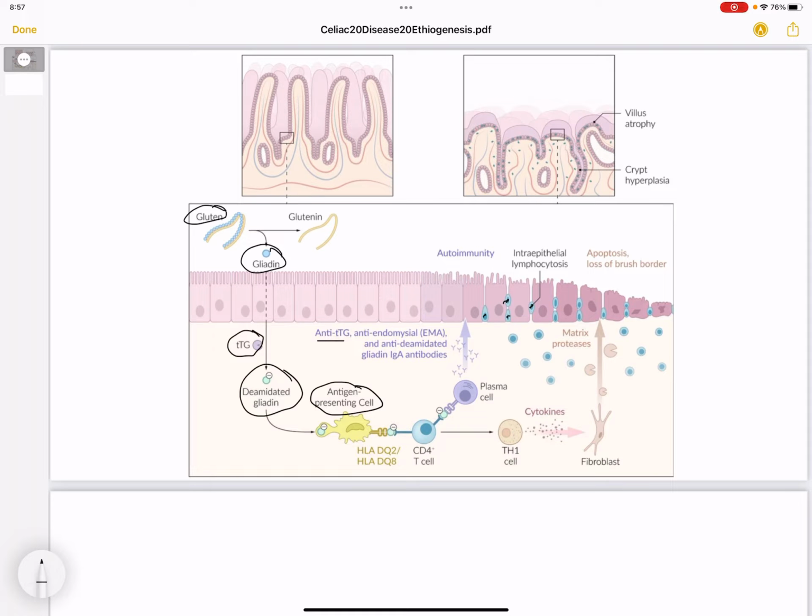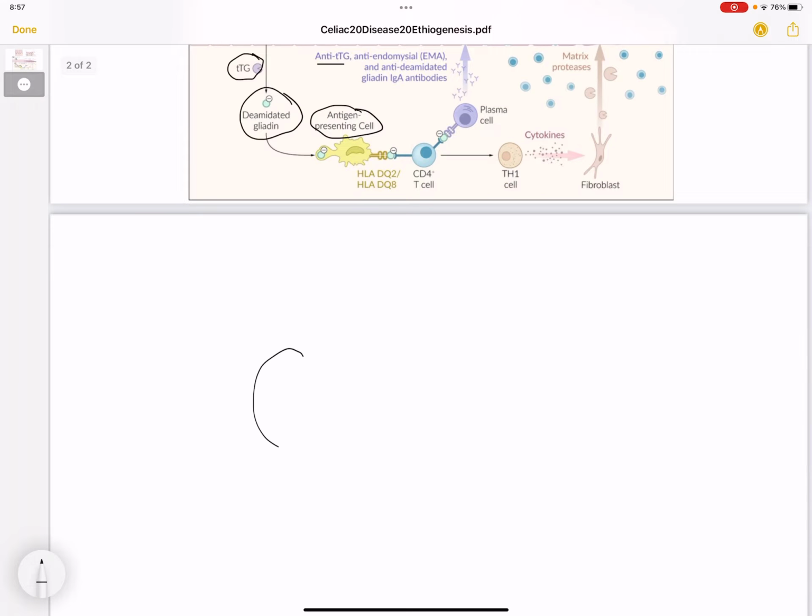Now, the way you want to think about this is here's our antigen presenting cell, and our antigen presenting cells have a receptor outside their cell membrane called MHC2 receptors. And these receptors are basically going to take up antigens and present them to T helper cells.